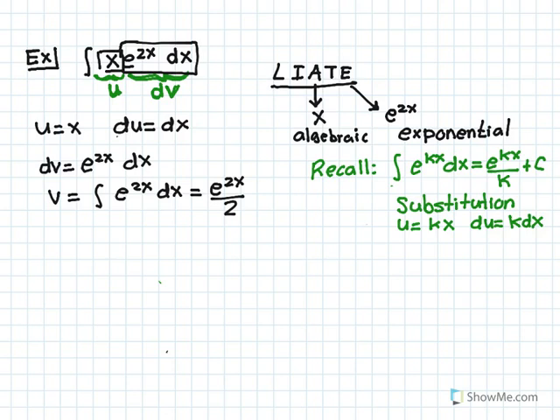All right, so now let's apply the formula. Integral u dv is equal to uv minus integral v du.